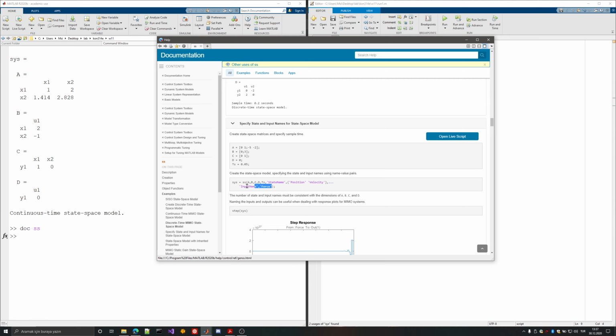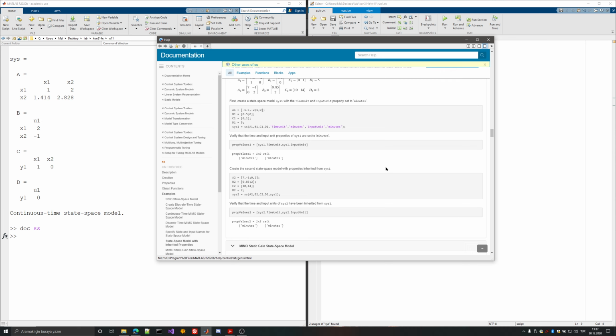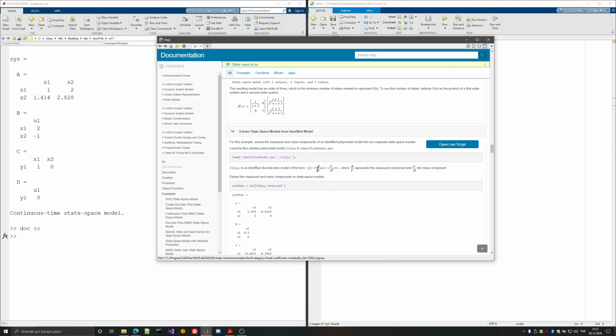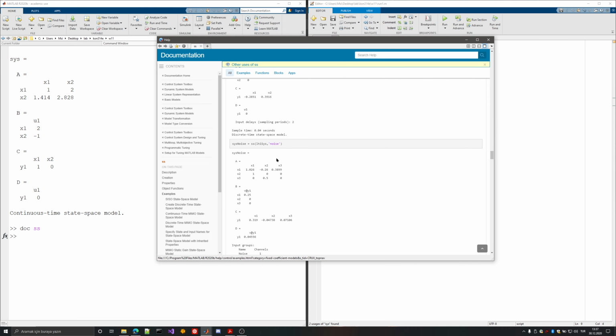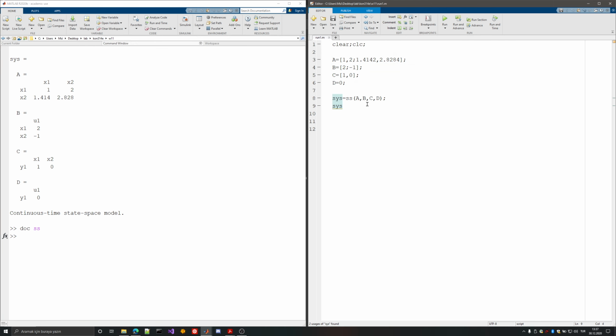The input is, for example, a force, and we have an output, and this is the relation. You can read this documentation in order to use some advanced techniques, but it is also sufficient to just define your system. If you know what you're doing, it will be no problem. So we have the system.